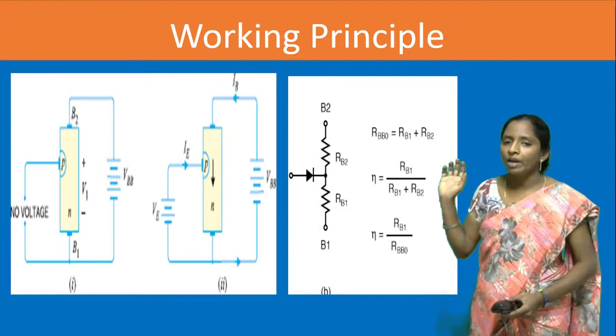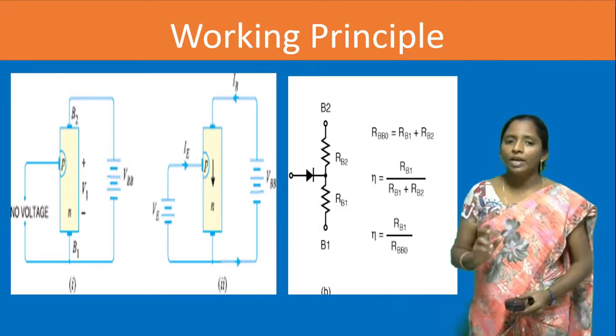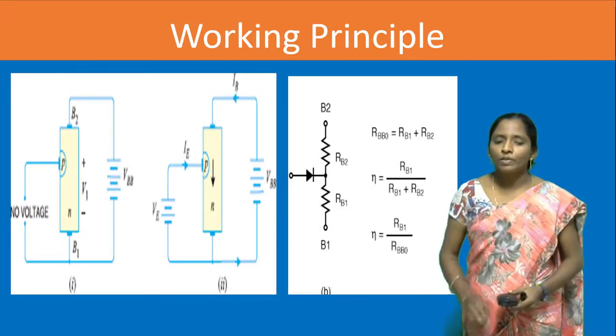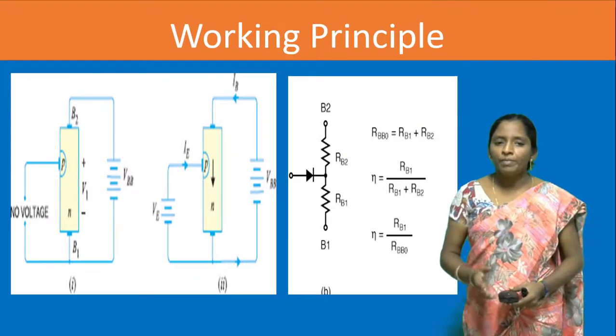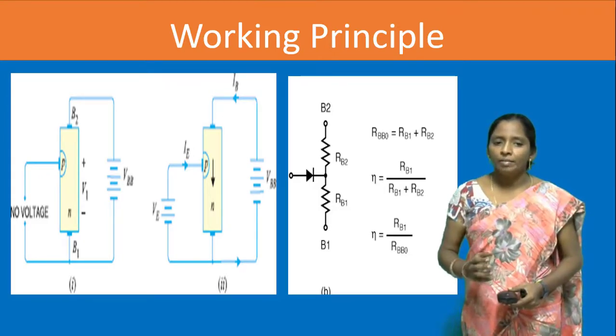The working principle of the UJT: we apply a positive forward voltage between base 1 and base 2, with no voltage applied to the emitter, that is, the emitter is open. The positive terminal is connected to base 2 and the negative terminal to base 1. This forms a forward bias between base 1 and base 2.